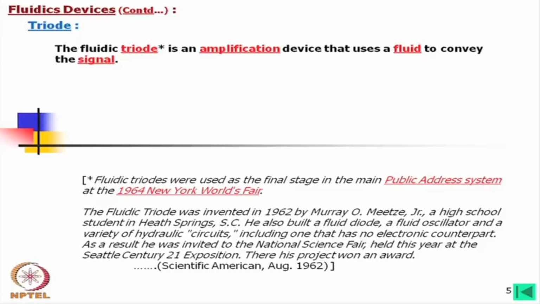That means, with fluidics we can make many devices which may not be available with electronics. On the other hand, there are many things in electronics which cannot be achieved by fluidics. Now, he was invited to the National Science Fair, and he was also awarded for his project.